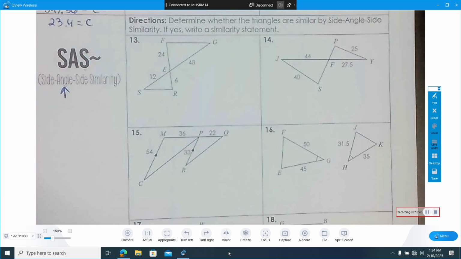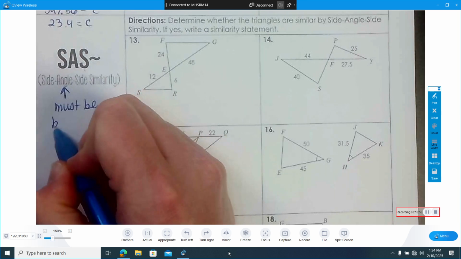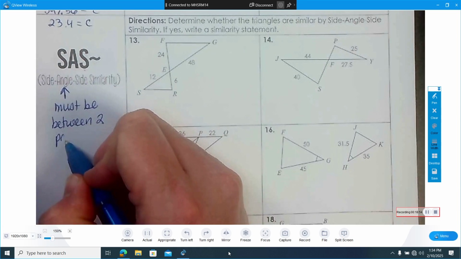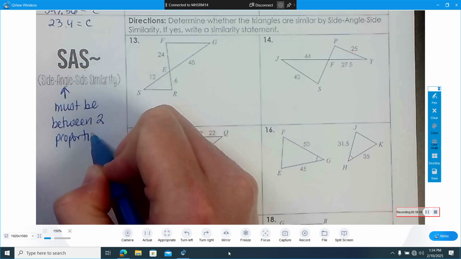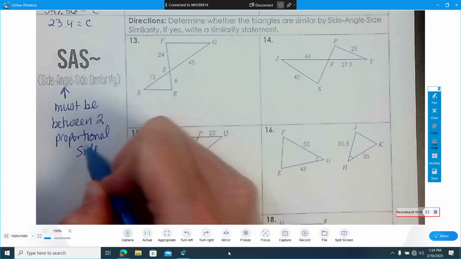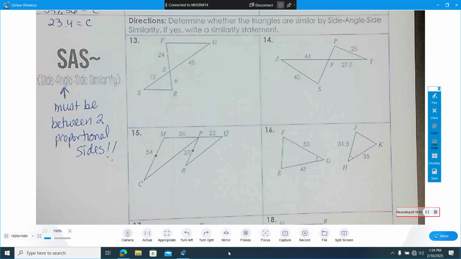Really important for side-angle-side similarity: the angle must be between the two proportional sides in order for side-angle-side to work.